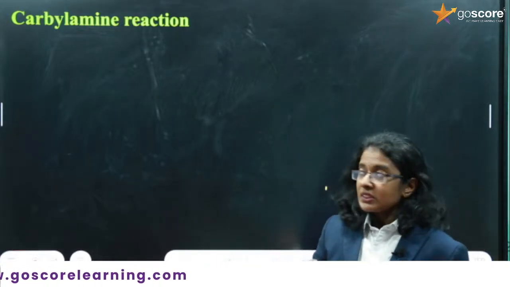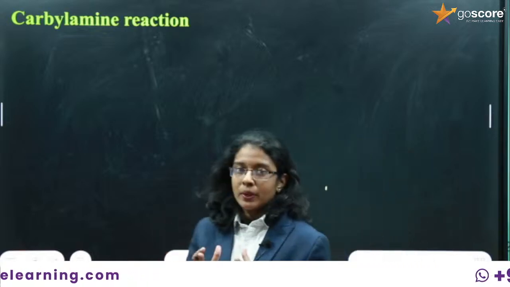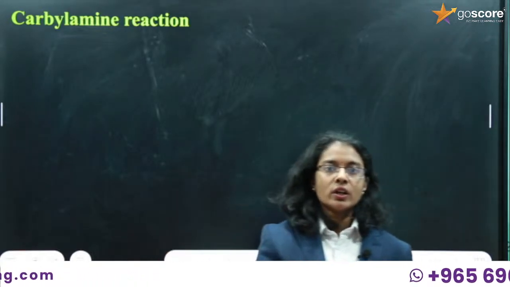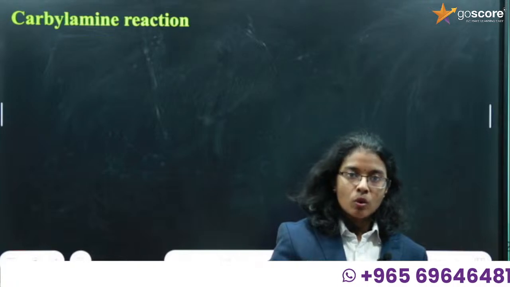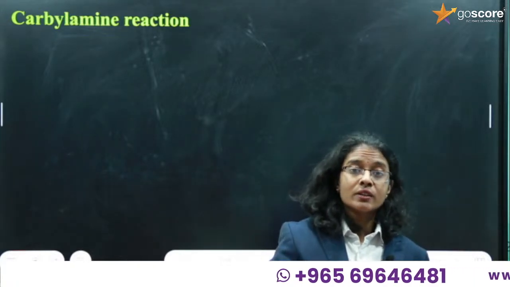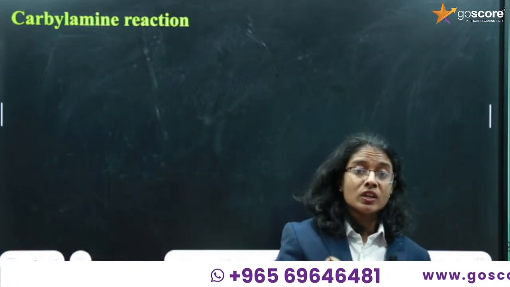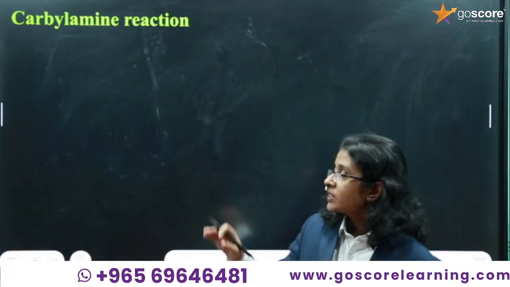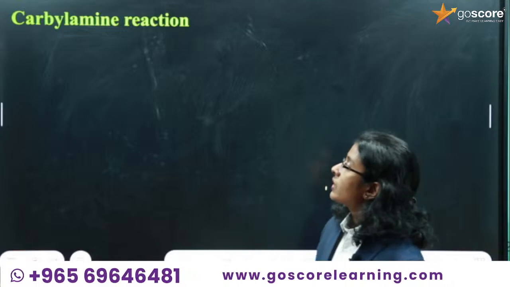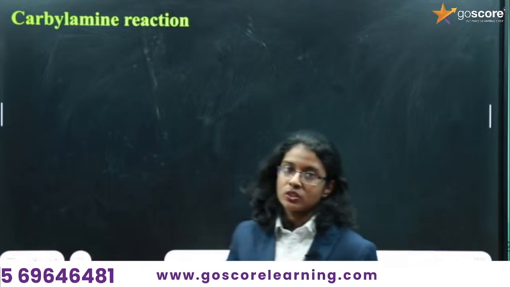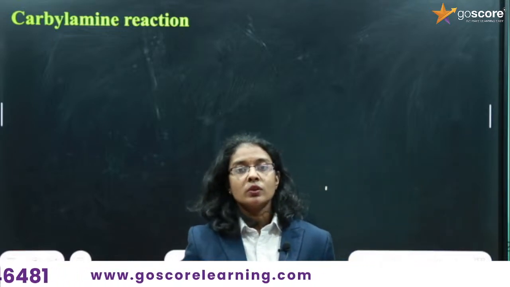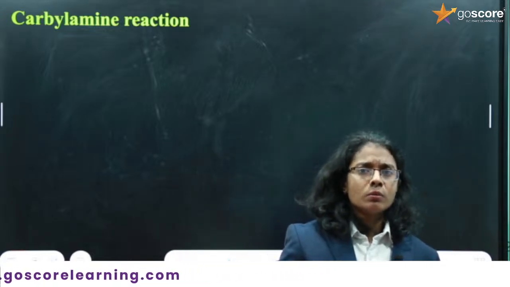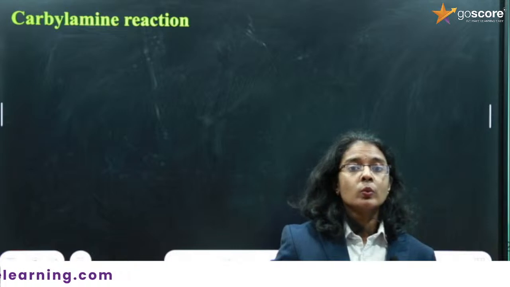Here a compound is given to you. You have to identify whether the compound contains an amine or not. So first we are doing the test, carbylamine reaction. In this reaction, it may be a primary aromatic amine or aliphatic amine; maybe we don't know which amine it is.